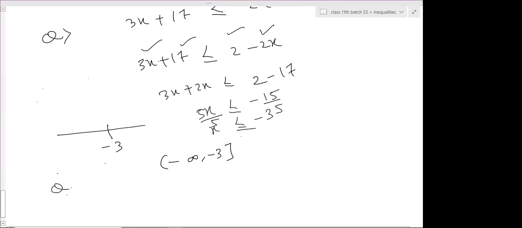Next question. 2 times 2x plus 3 minus 10 is less than equals to 6 times 6 minus 2, x minus 2.